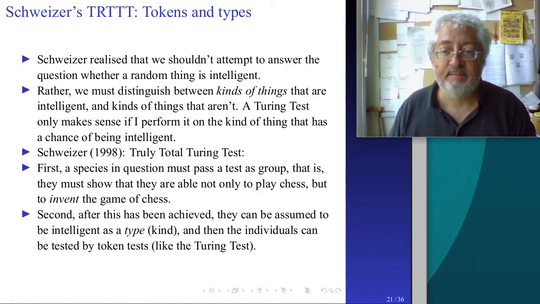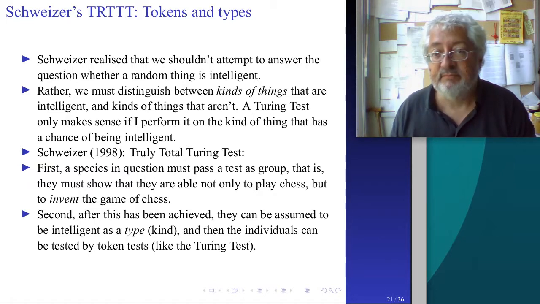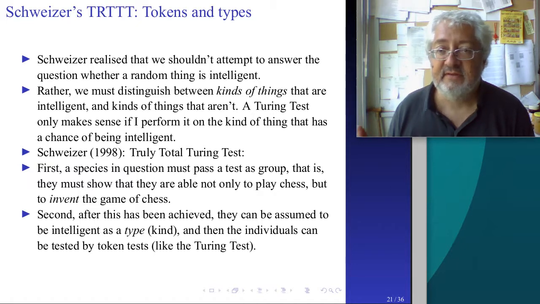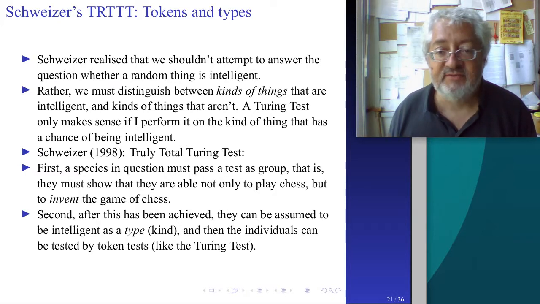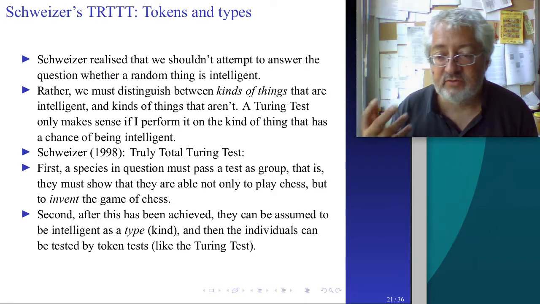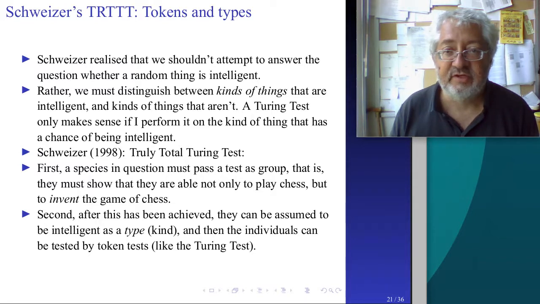And this is a problem for the Turing test. We have to recognize that there are kinds of intelligence, like driving a car, that don't express themselves in the ability to sort pictures, or to pass Turing tests, or to invent the game of chess.